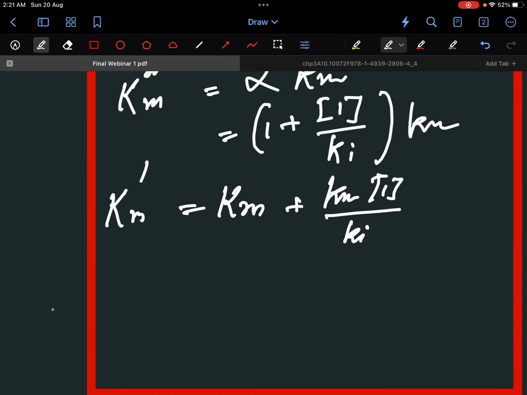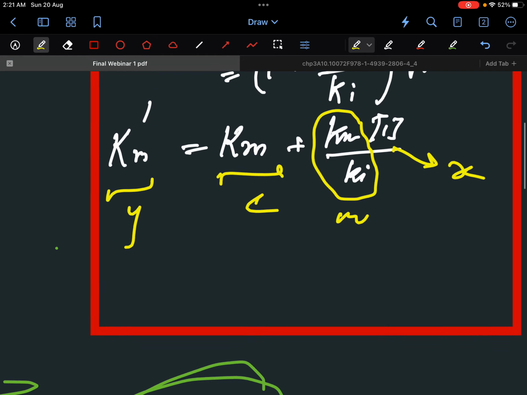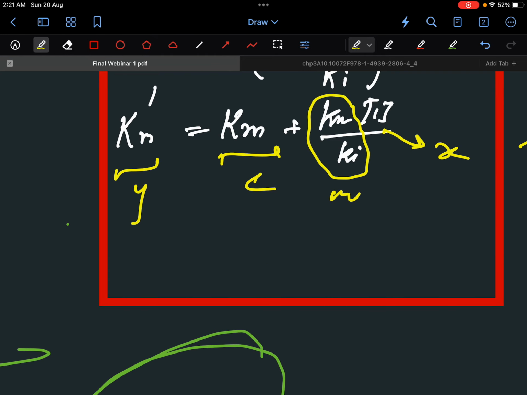So now again you can see that this is like Y and this part is M and this I is X and this is C and M is like क्या है, मतलब M is positive, so what will be the graph?